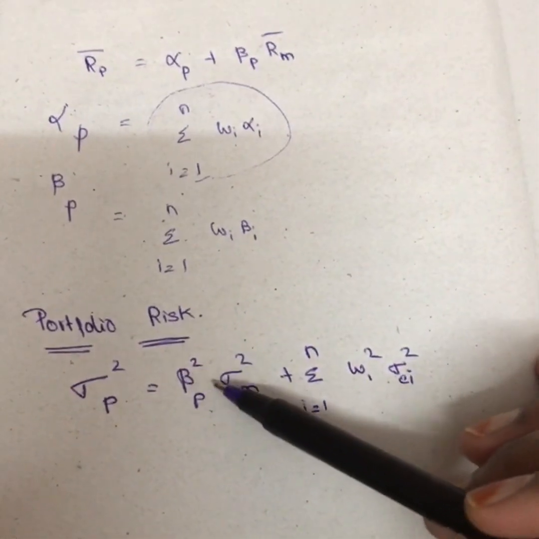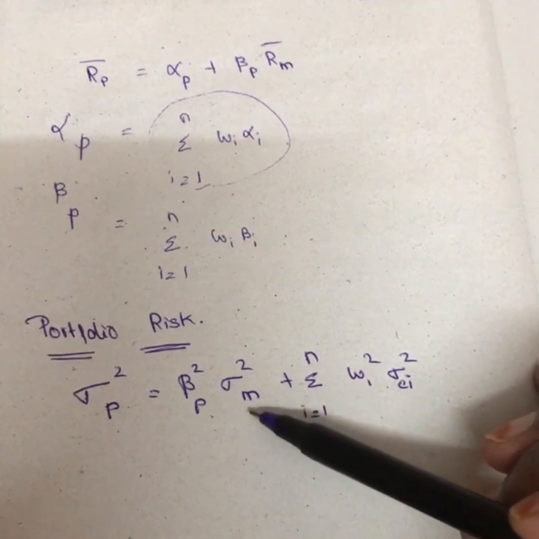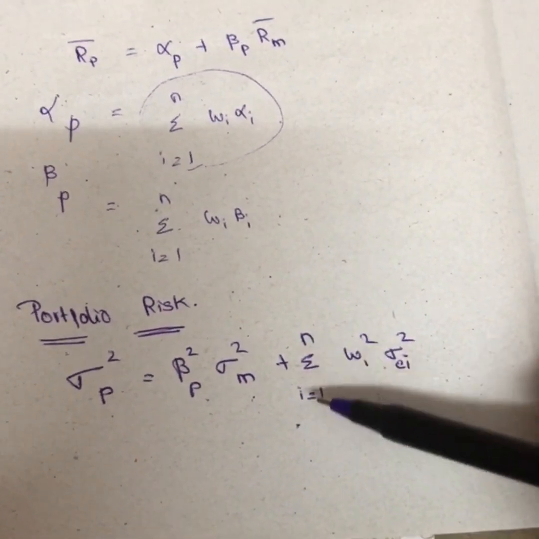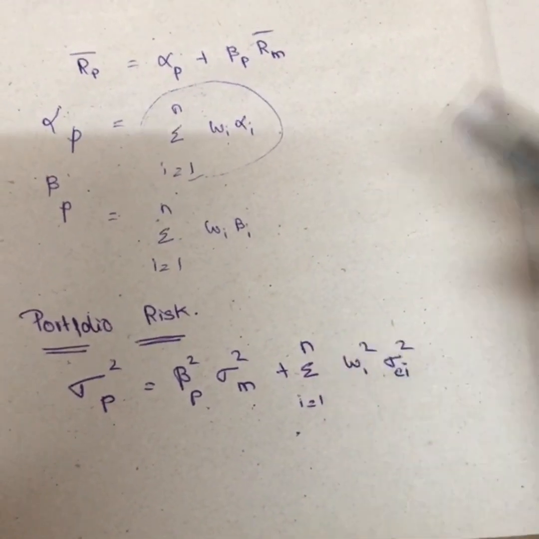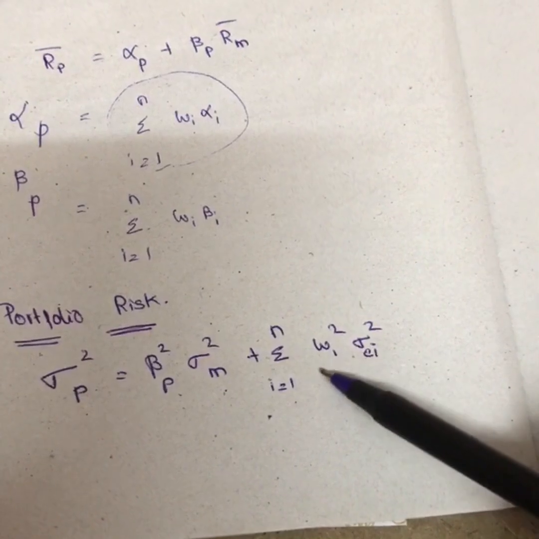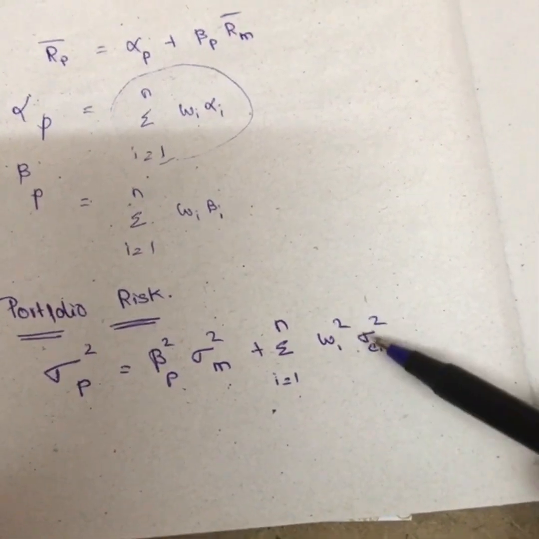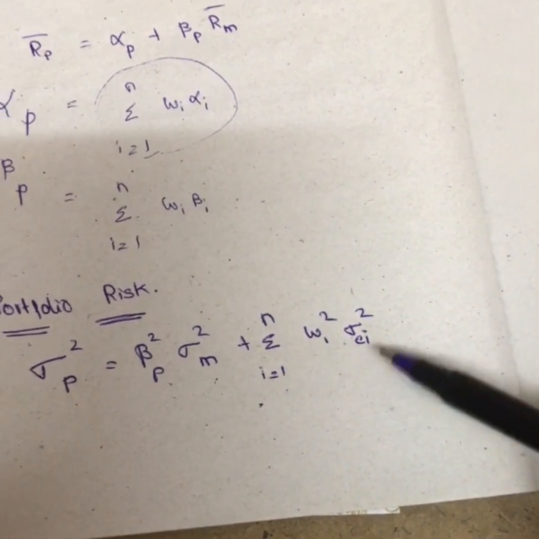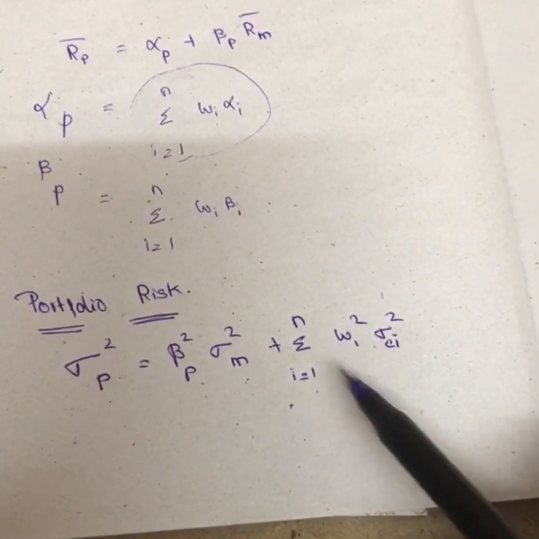So beta P square into variance of M, which is the market index, plus the sum of i equals 1 to n of wi square, the weights squared, into variance of ei, which is the residual variance. So this is the formula for portfolio risk, girls.